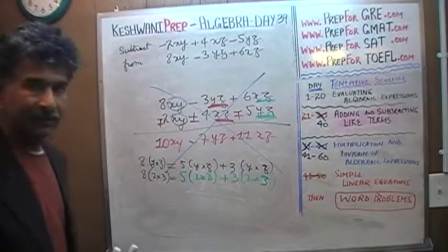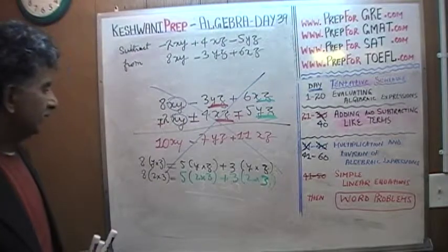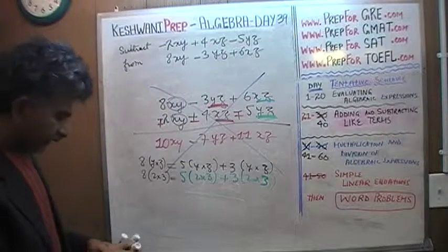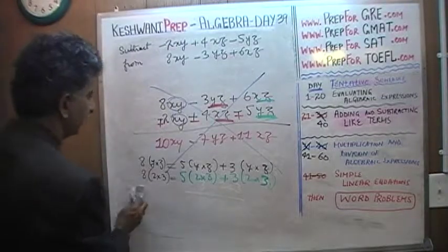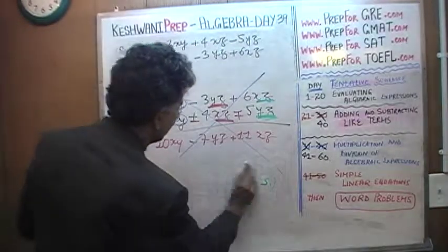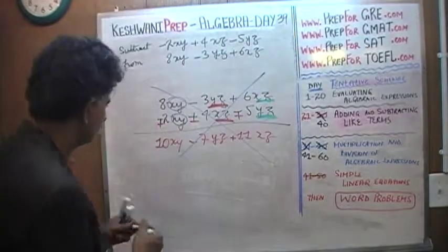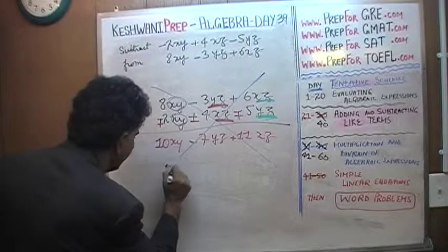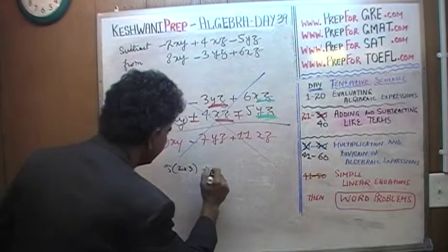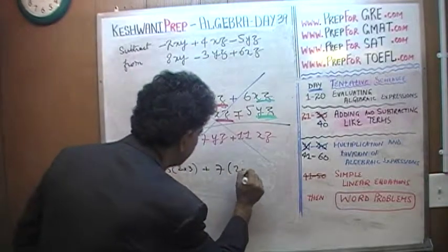Here we have 8 y times z. But what happens if we had something like this? Let's erase this part here. 5 2 times 3 plus 7 2 times 5.